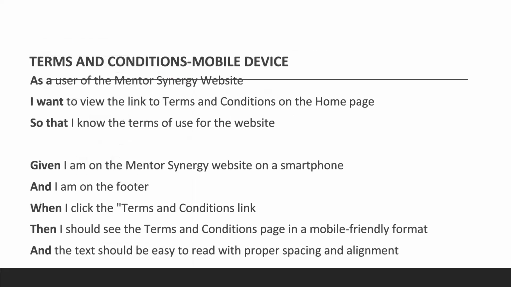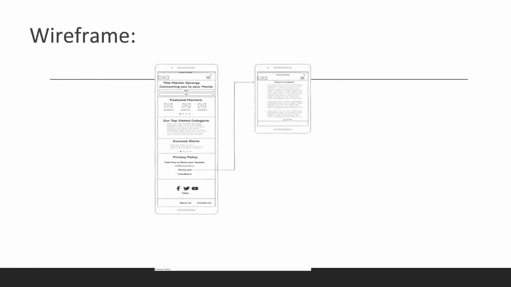Next, as well as the terms and condition mobile device, that's the user story, the description, and the acceptance criteria for the terms and condition mobile device. Then we'll go on to the next slide and see the wireframe.